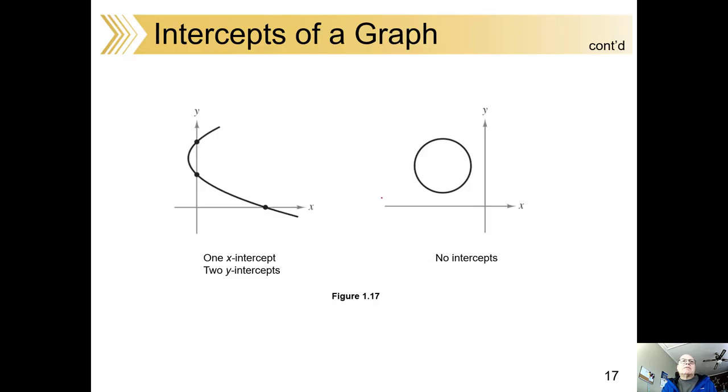Next one, if you take a look over here, it has one x-intercept. That's the only place it crosses the x-axis. It has two y-intercepts where it crosses the y-axis, and this next graph doesn't cross either the x or the y-axis.